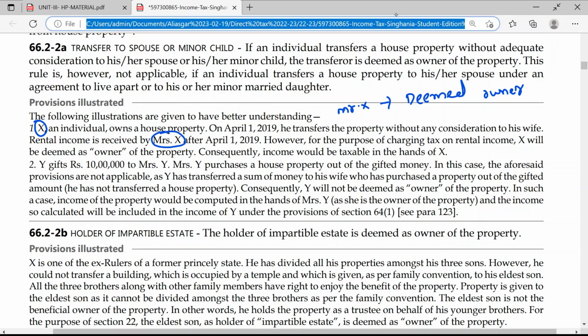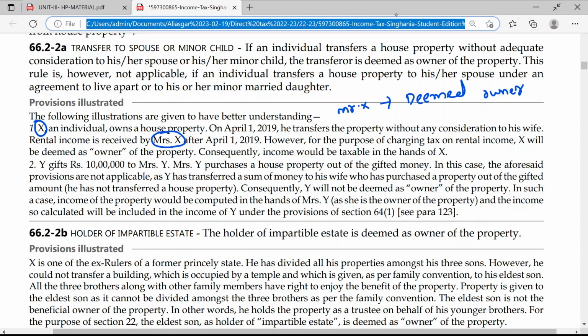Consequently, Y will not be deemed as owner of the property. In such a case, income of the property would be computed in the hands of Mrs. Y only, as she is the owner of the property, and the income so calculated will be included in the income of Y under the provision of section 64 sub-section 1, clubbing of income.